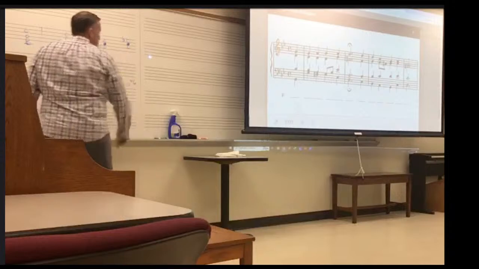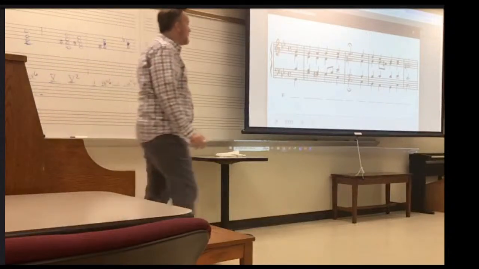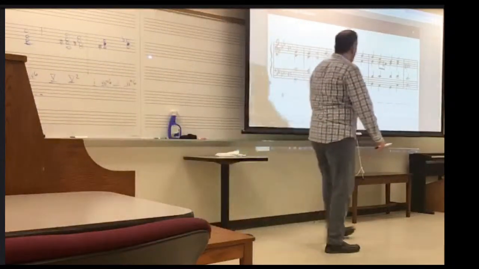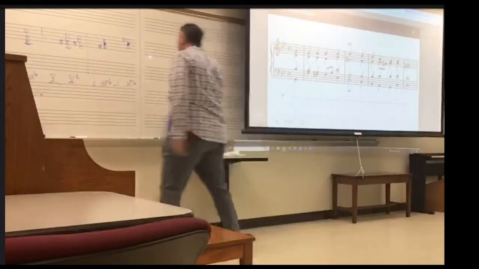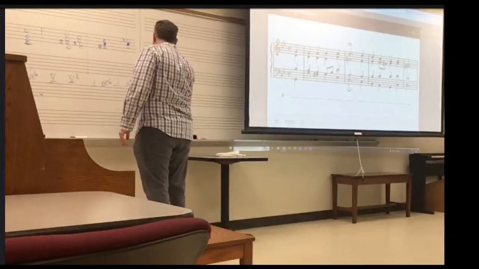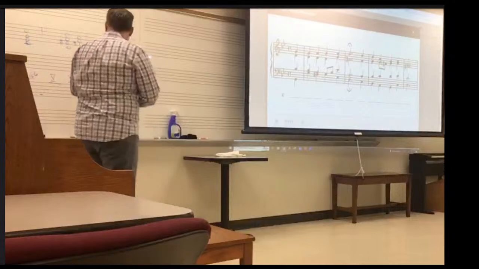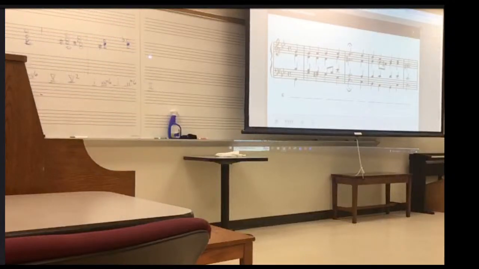Then we have E, D, F sharp, A, which we've seen a few times. That's our 5 chord, and that's in root position. Alright. This is worth noting, because again, as we progress, we're going to talk about different inversions.